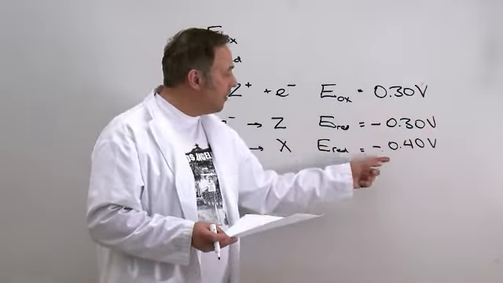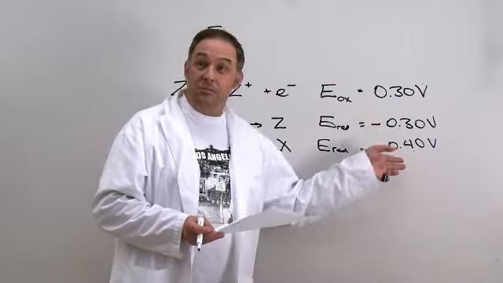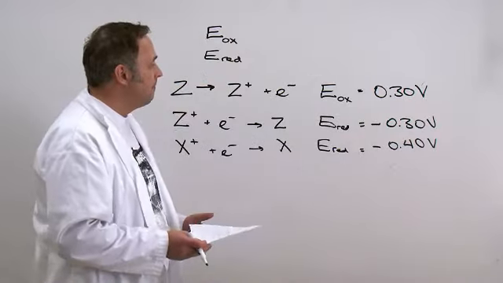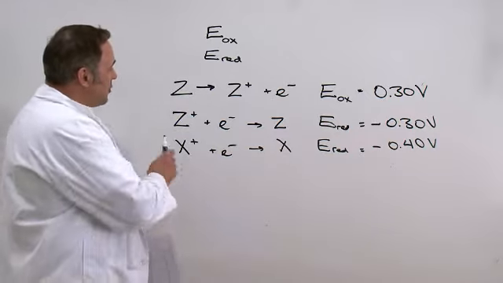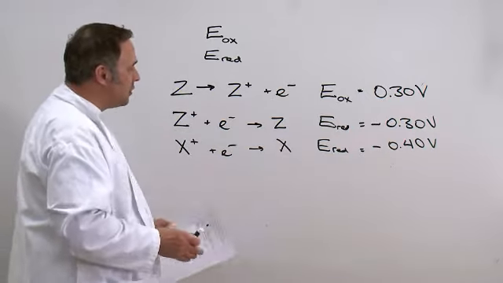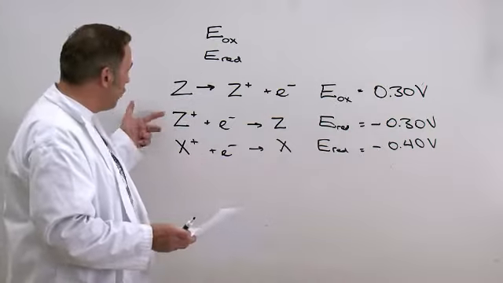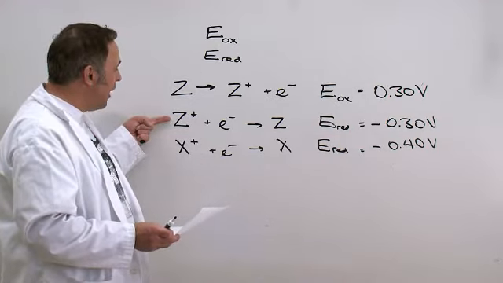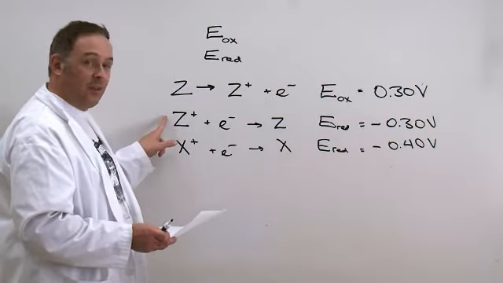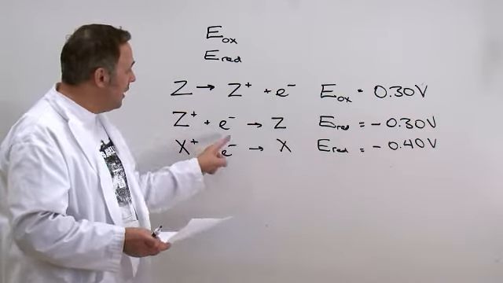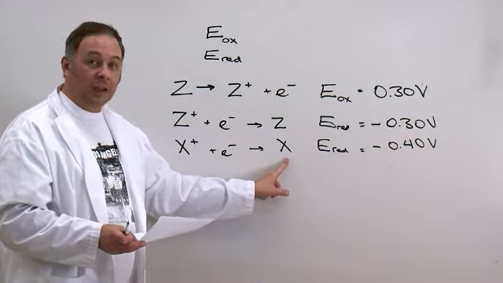The point is that the magnitude of these negative numbers gets bigger as you go down the page. So, if that's the case, then these two half reactions are written in order. The Z half reaction would actually be written before the X. So the Z is the stronger oxidizing agent, the X is the stronger reducing agent.